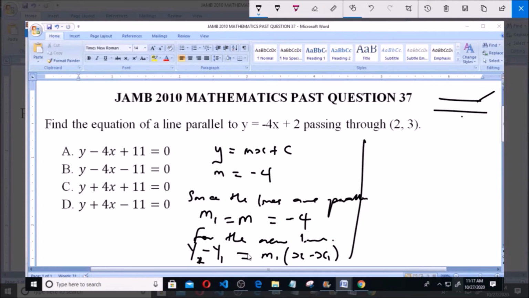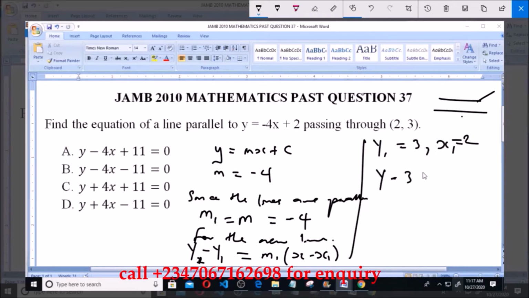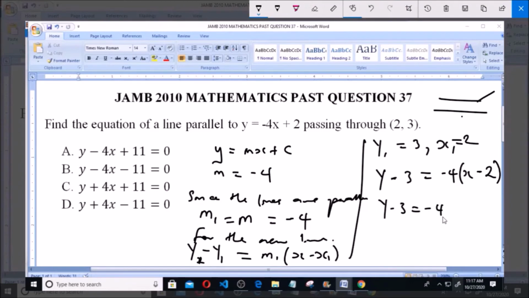So our y1 is 3, and our x1 is 2, which is the point it passes through. So y minus 3 is equal to minus 4 into x minus 2, so y minus 3 is equal to minus 4x plus 8.